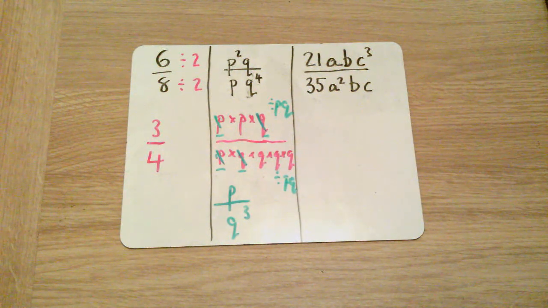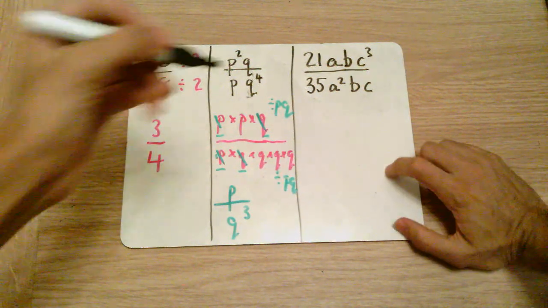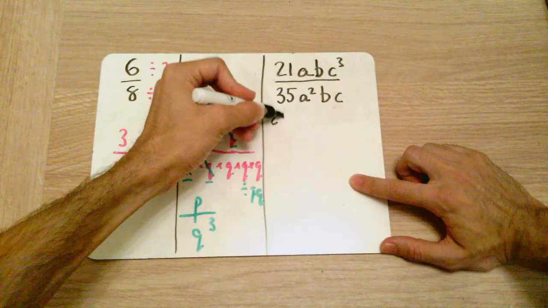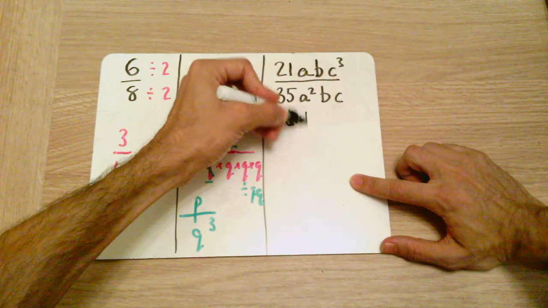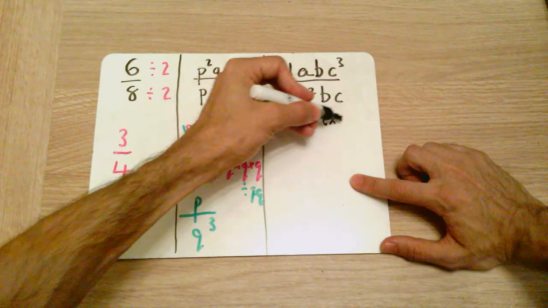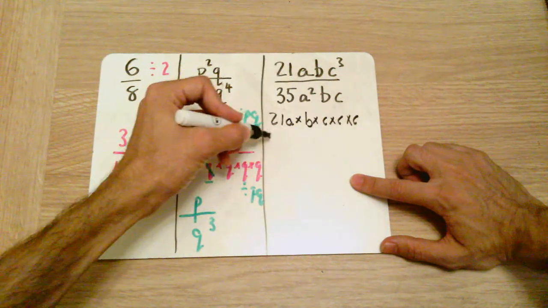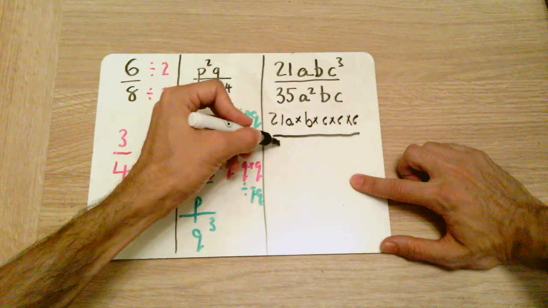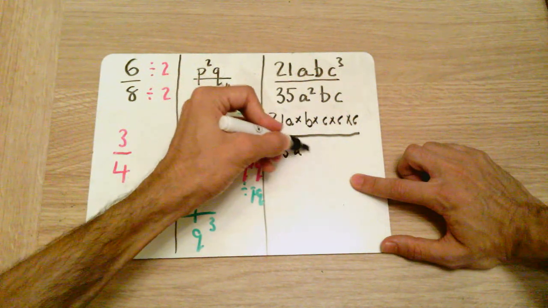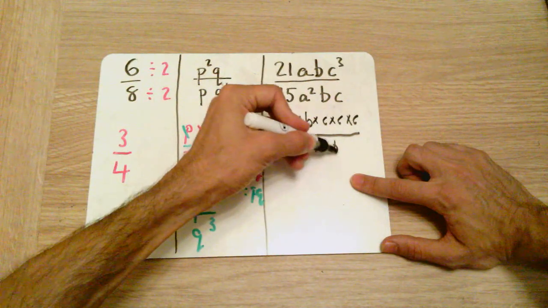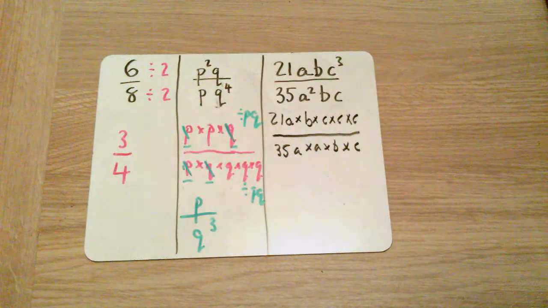Now this is a combination of both. We've got numbers here and we've got letters. So if we apply the same process we did before, where we write this out in letter form, we would write this as 21 A times B times C times C times C, and underneath we would have 35 A times B times C. And I'm just going to cancel out and underline what is common to both.